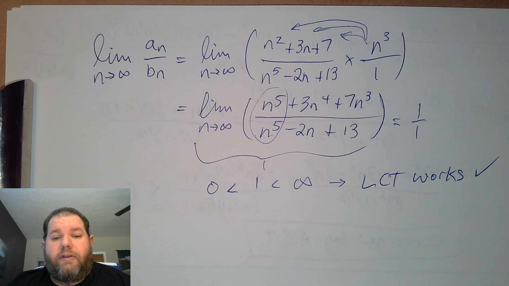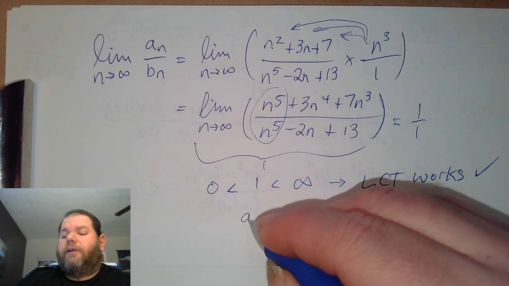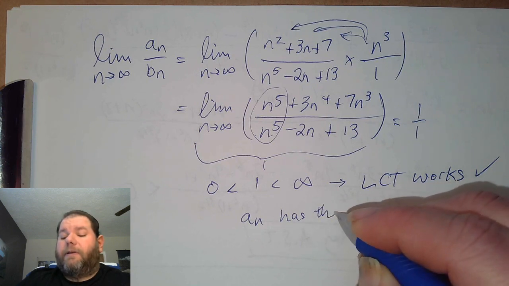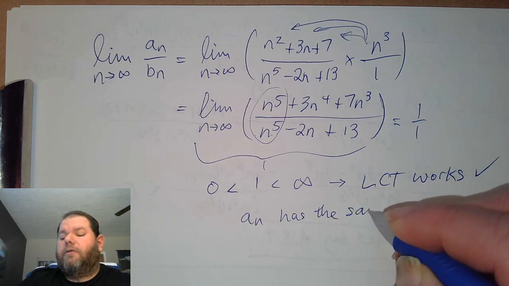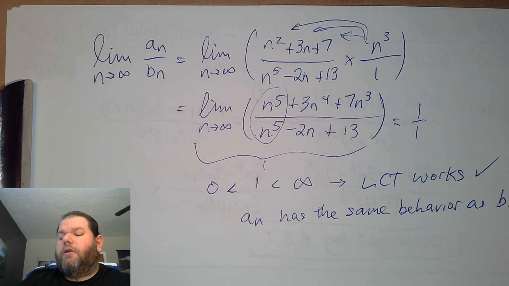We've established that the limit comparison test works, but now the question is, what does that tell us about a sub n? Well, if LCT works, it means that a sub n has the same behavior as b sub n. And to recall, b sub n, we already said, was a convergent p-series.